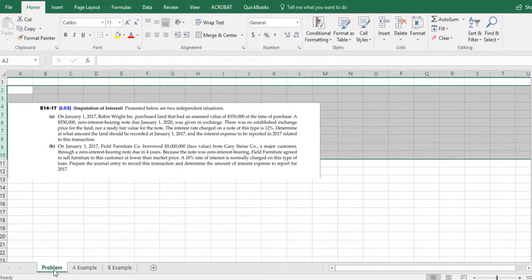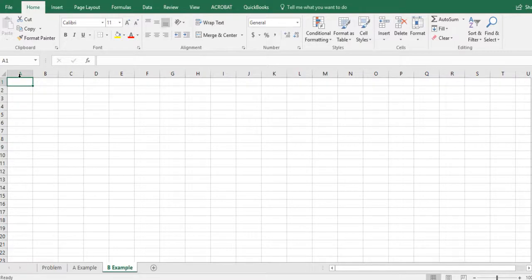So let's flip over to example B and let's just start noting the things we know. So we know that it started on 01/01/2017 as the date of issue. This is where interest is going to start accruing, right? At the date of issue.